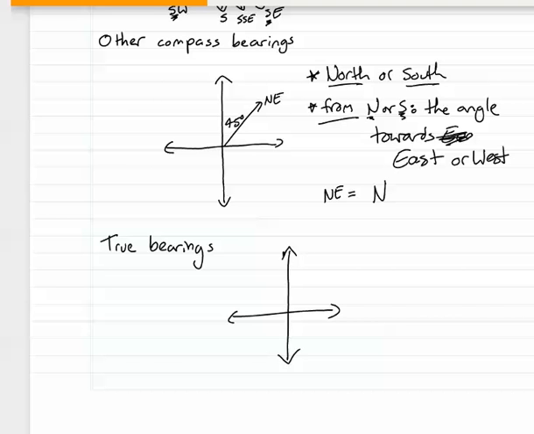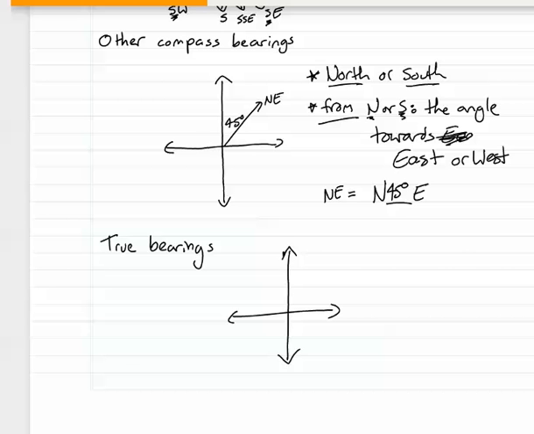Then I would ask, from north, is it going east or west? It's going east. You notice I leave a gap. And what is the angle that it's going towards east at? Well, in this case it's 45 degrees. So northeast can also be written north 45 degrees east.